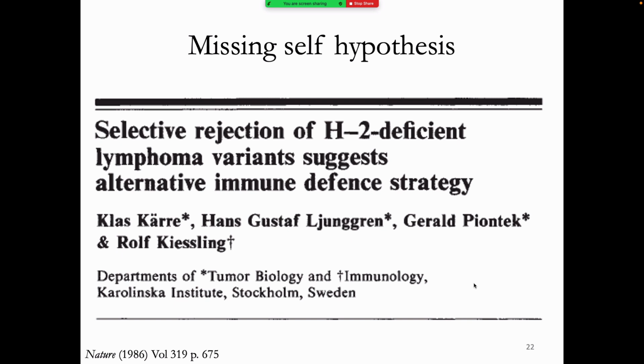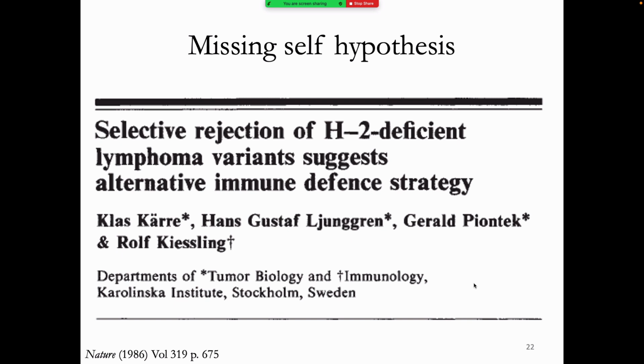So if MHC is missing, you can recognize that and kill those cells. And so now what you've done is you've made these tumor cells be missing MHC, and suddenly they are subject to this killing mechanism that they were not subject to before. So that's what they got from this experiment.